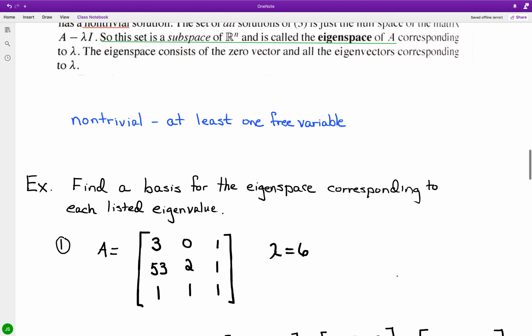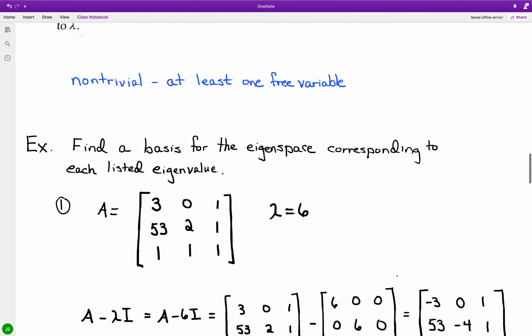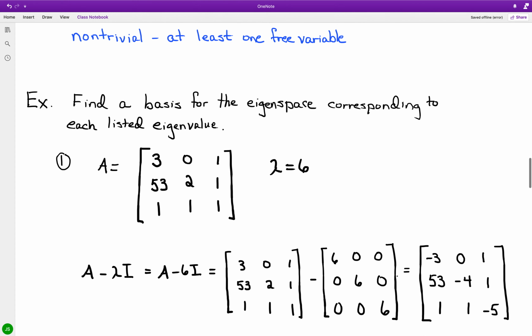In the setup, with lambda at 6, we have A minus 6I. We're looking at the difference between A and 6 times I, and in 3 by 3 matrix terms, the difference ends up as negative 3, 0, 1; 53, negative 4, 1; and 1, 1, negative 5.